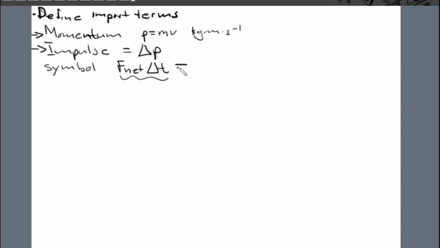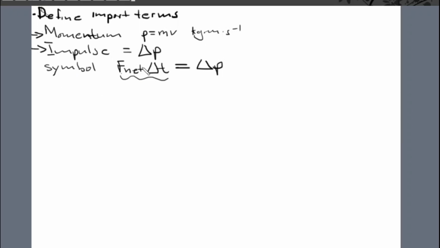So the impulse momentum theorem is this one: impulse is equal to change in momentum. So if I want to calculate the net force, and I know the change in momentum and the time that the force is being exerted on that object, then I can calculate the net force, right? That is what the impulse momentum theorem is saying.